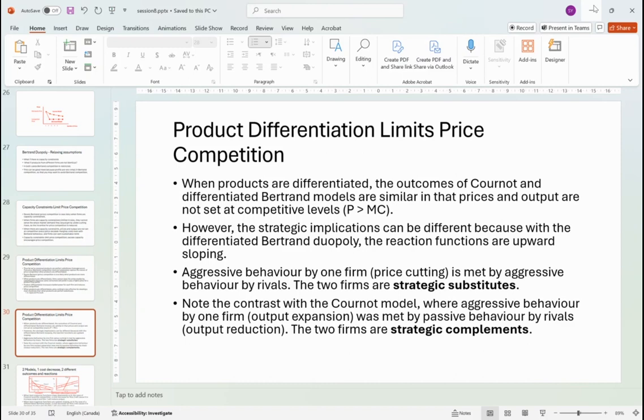It means when one firm drops the price, the other firm also drops the price, right? So they move in the same direction in their decision-making process. And for this reason, their best response function is increasing, which is the opposite of the Cournot model, right?